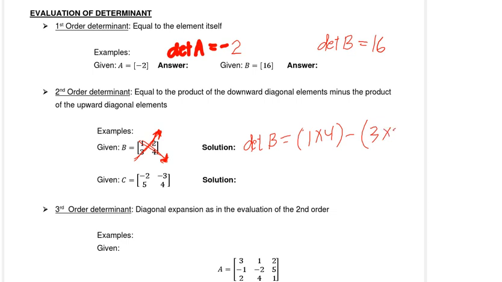So, if we solve our determinant B, that is 4 minus 6, that is negative 2. So, ito yung magiging sagot natin for the determinant of B nung ating given matrix na 2 by 2. So, we have also here another example, yung matrix C.